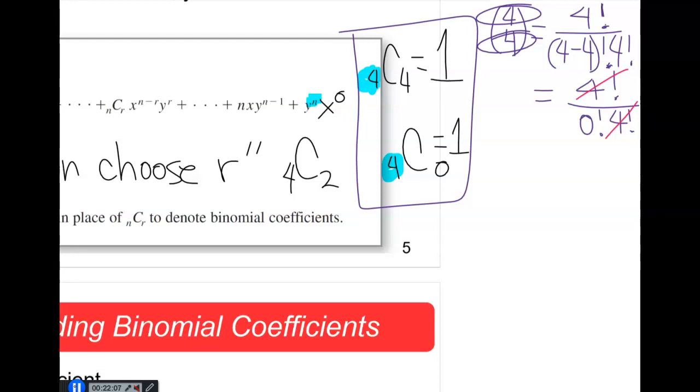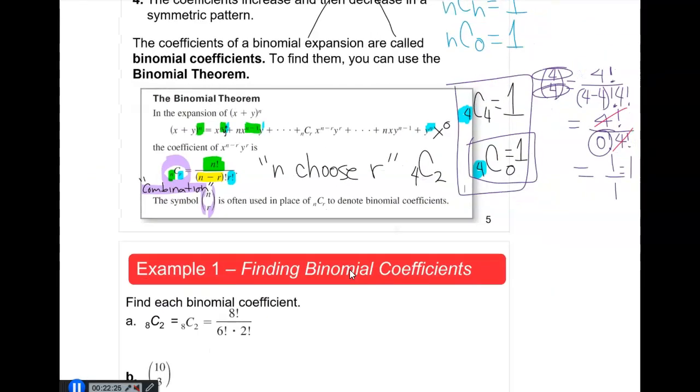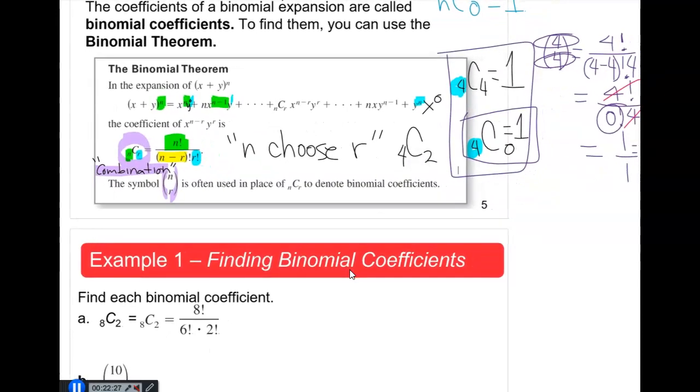So now we have 1 over 1, because 0 factorial is also 1, and so that is equal to 1. The next one, I'm just going to leave it there. You could prove that one yourselves, or maybe you will have a question like that on your homework, but they're pretty simple. You will also obtain a 1.